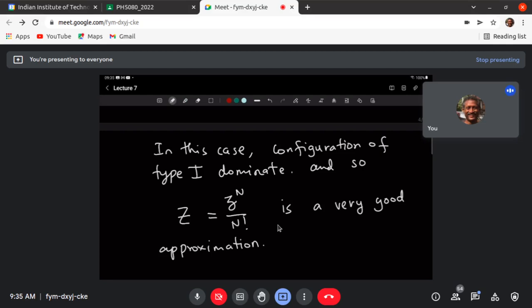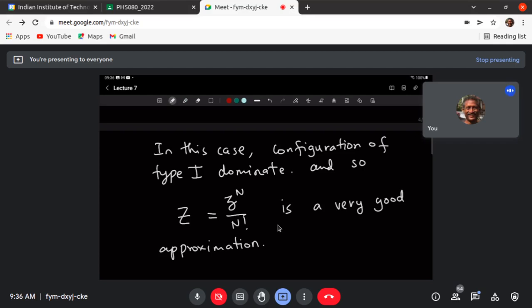Okay. Again, there is a situation even when you have something like this, that if you go to 0 temperature, things will settle down, and states which are at higher energies don't contribute. So effectively, because of the weight factor, only in such situations type 2, type 3, etc. will start contributing, and so then this approximation will break down.